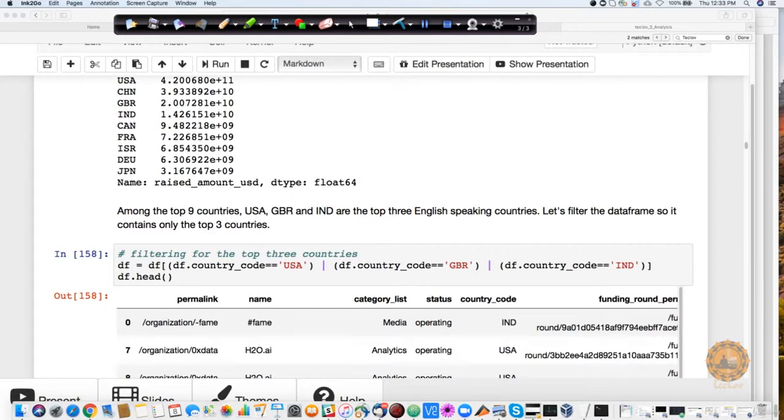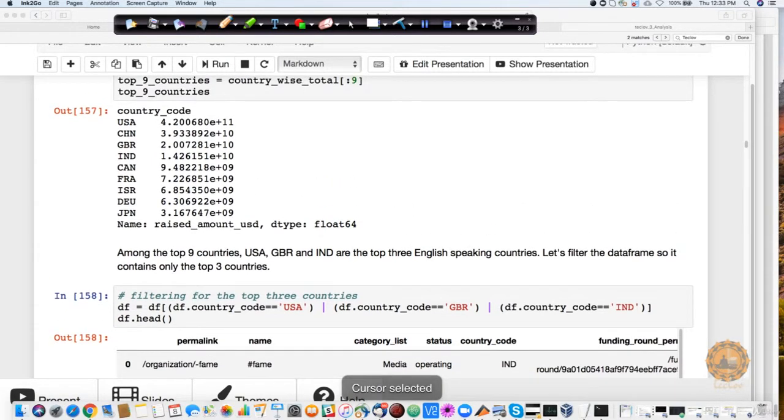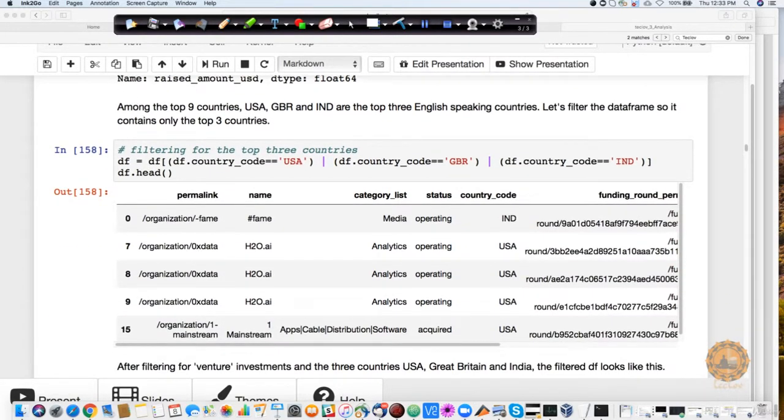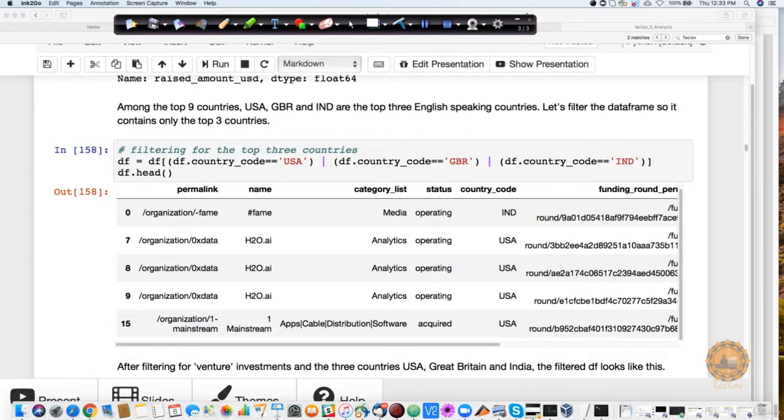If you look at the link which I have given you, USA is definitely an English speaking country, but China is not. So China we have to rule out, as it does not have an English speaking part. Then GBR and India are also English speaking countries, so we can take them up. In this case, we will go with these English speaking countries, and this is the output for it.